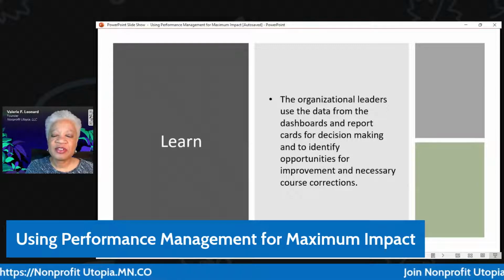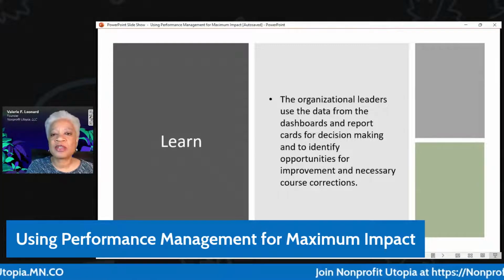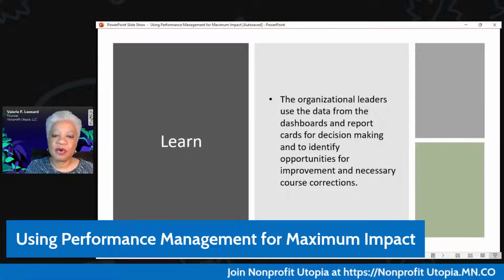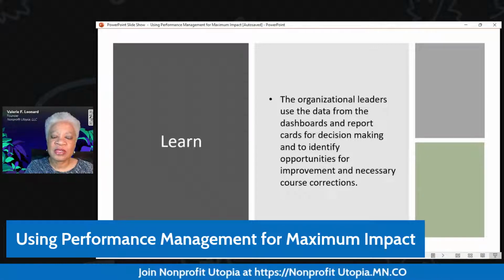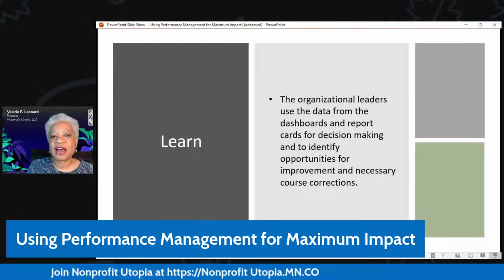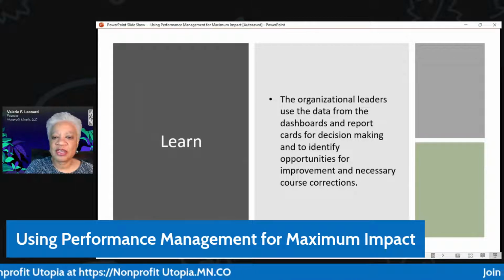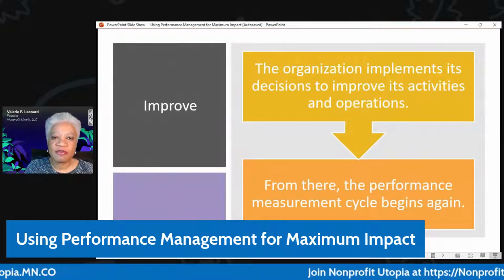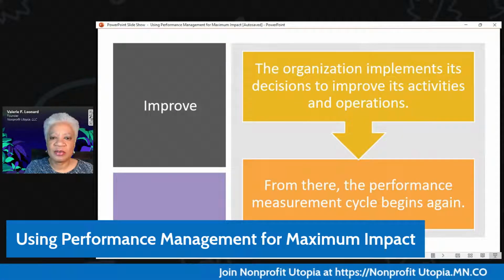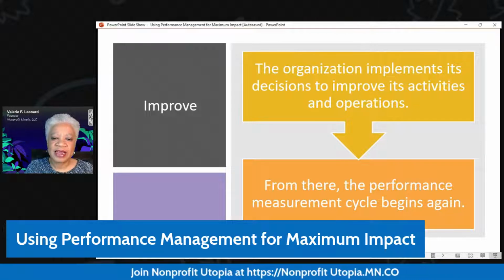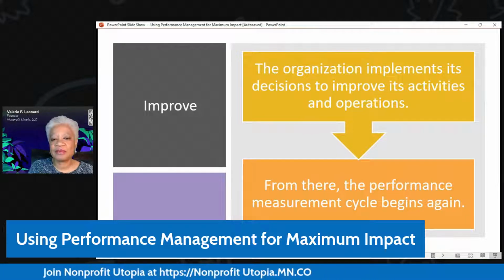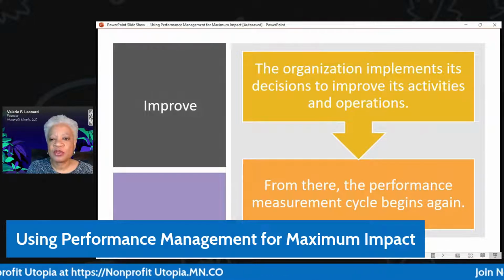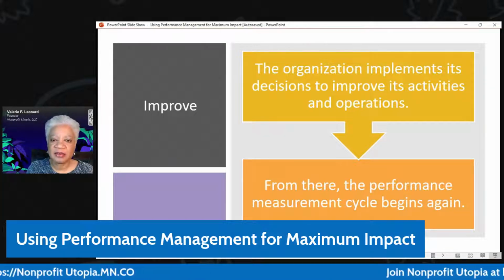All right, you can also use the data from the dashboards and from the report cards to learn what's happening and then identify opportunities for continuous improvement and correct your course if you're finding that you are a little bit off course. All right, and as it relates to continuous improvement, you will use those data, right?